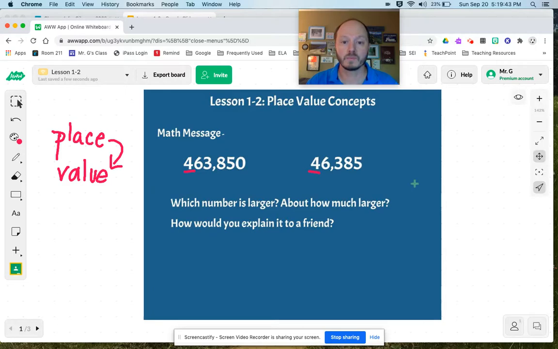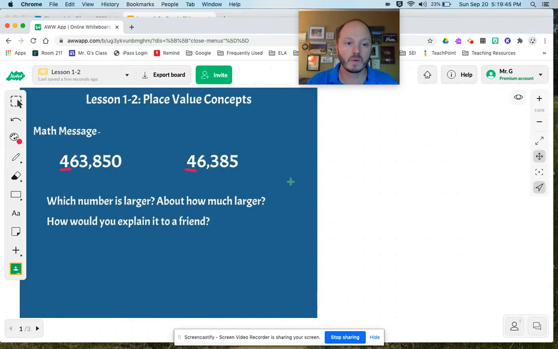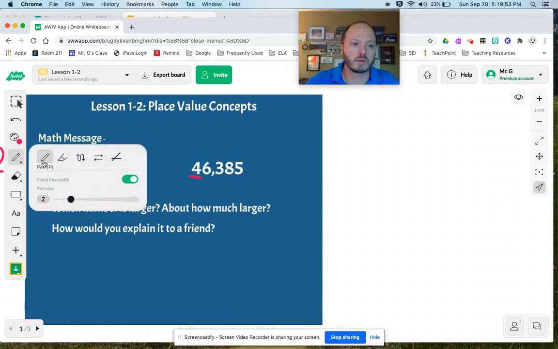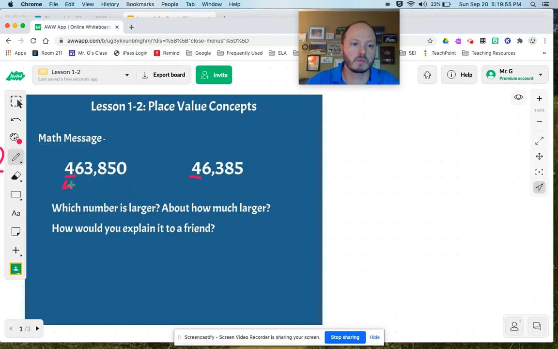Okay, so the two 4s. This one is worth 400,000. And this one is worth 40,000.